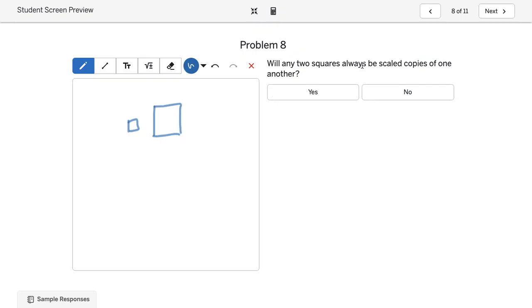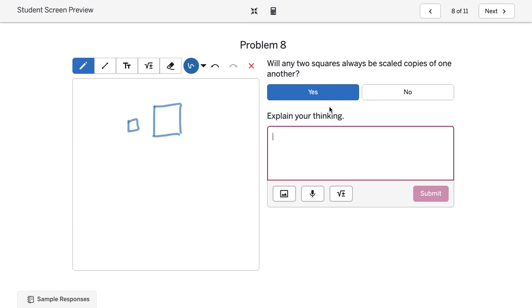Yes, they will be, because they have identical angles, the same angles, and their sides would always be proportional.